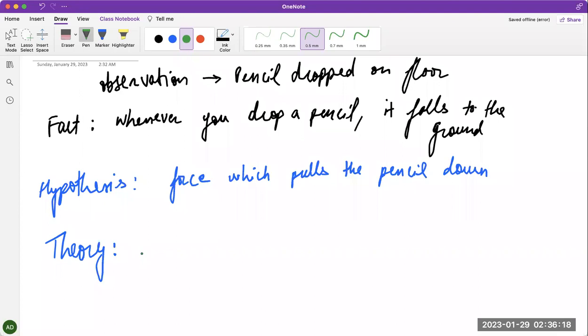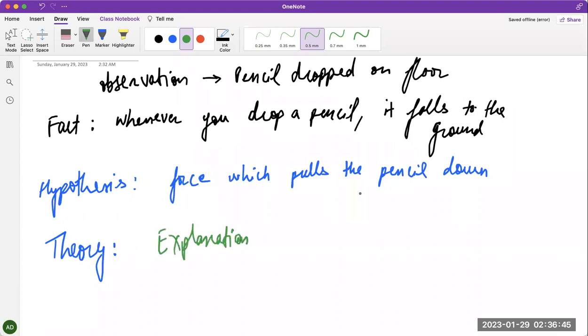Okay, so again, you don't have to understand the gravitational concept right now, but at least understand what a theory is: it is the explanation of any observation that you made.